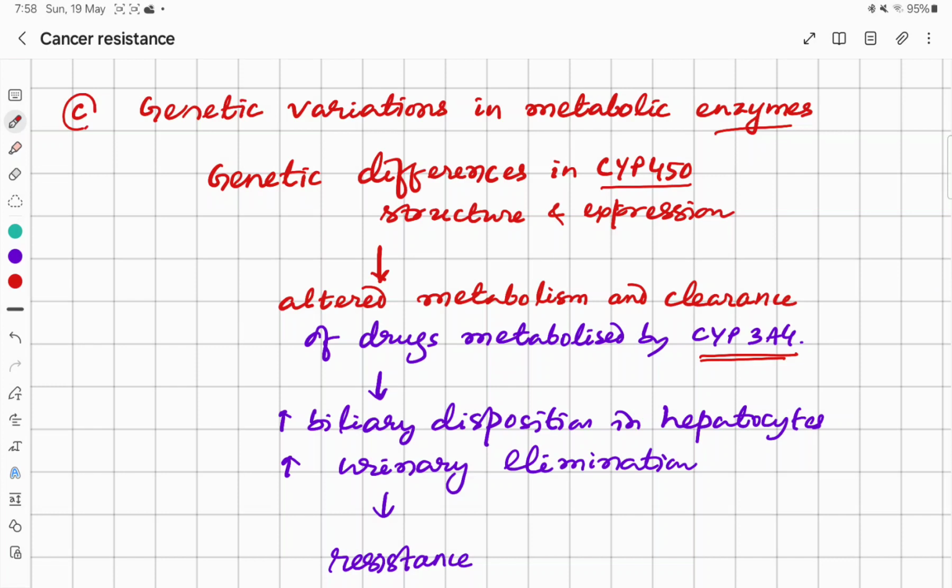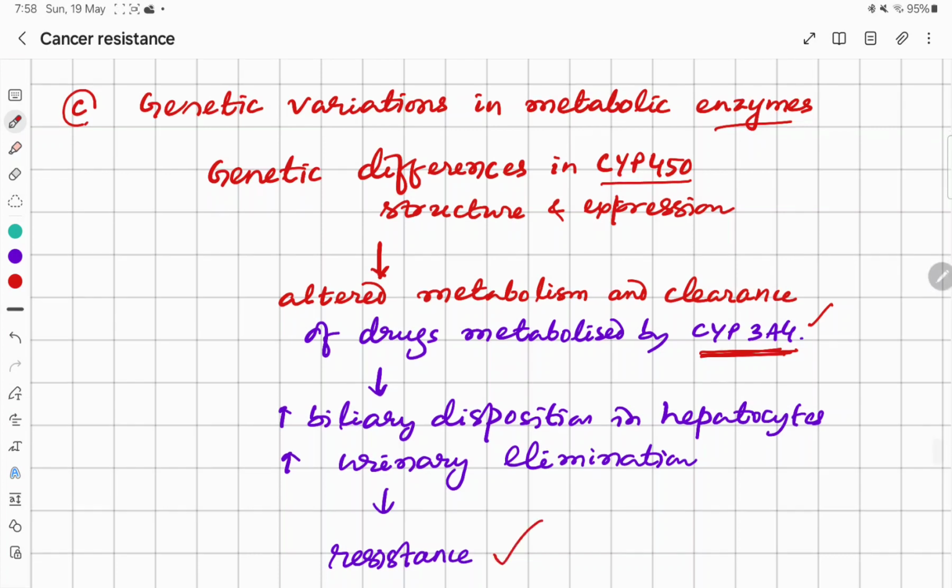The drugs metabolized by CYP3A4, mostly the drugs which have shown affinity for P glycoprotein, also show affinity for CYP3A4. So there will be altered metabolism and altered clearance. There can be increased biliary disposition in hepatocytes and increased urinary elimination, so the drug concentration will decrease, and that leads to resistance.